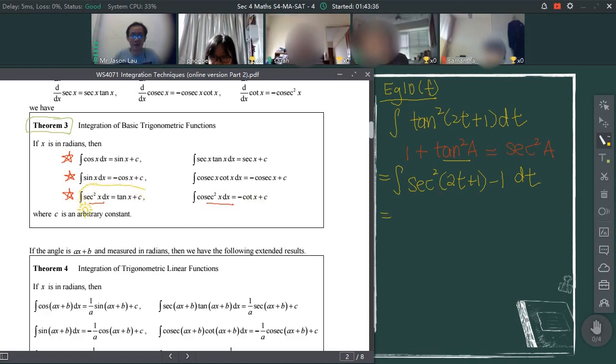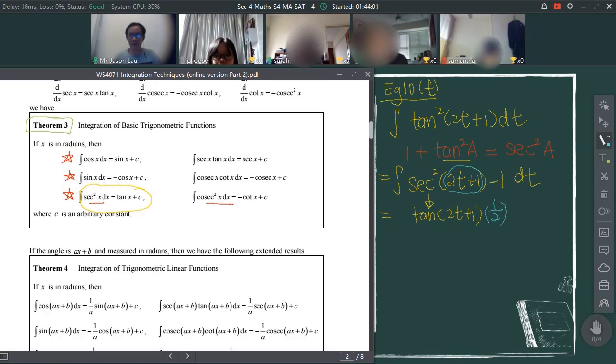Yeah, then after that, yes, we can do already. We use this formula. Secant square is tangent. So we integrate. Then we get tangent. Okay, get the basic formula for trigo, right? Then after that, do the chain rule, reverse it. So 2t plus 1 is 2.